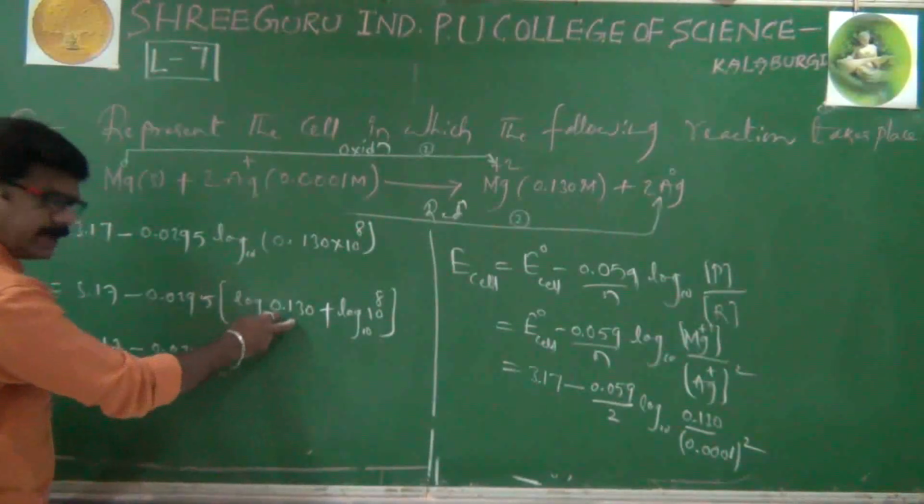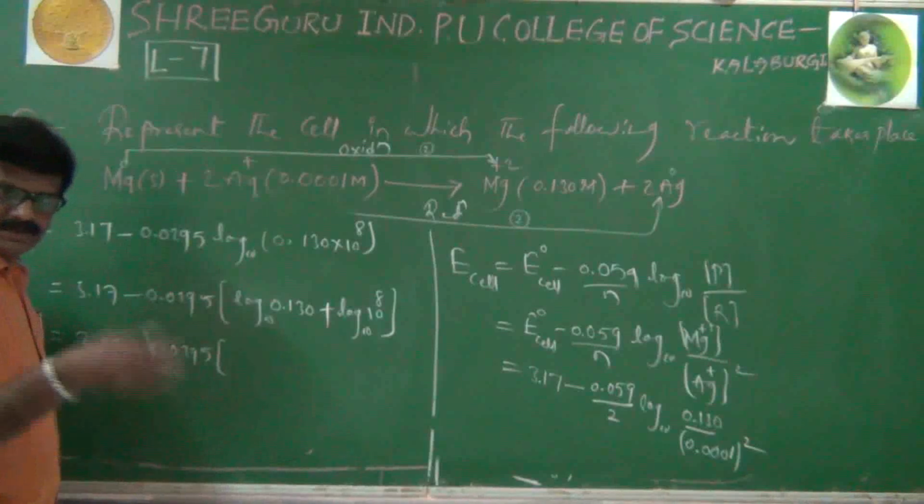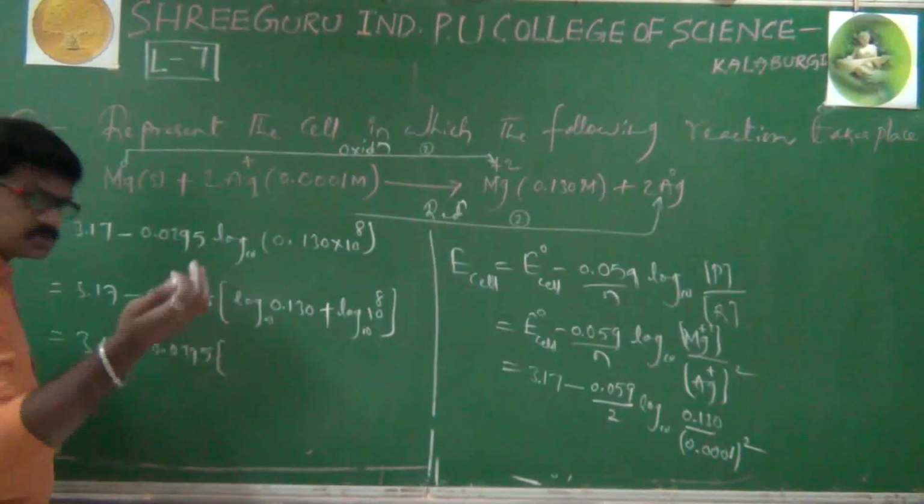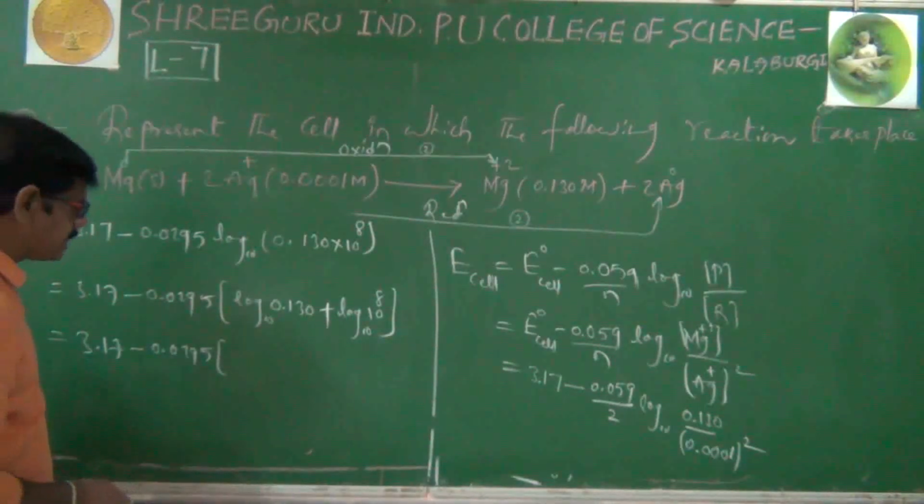0.130. How to see log values is already familiar to you. Please go through your first year equilibrium topic once again.